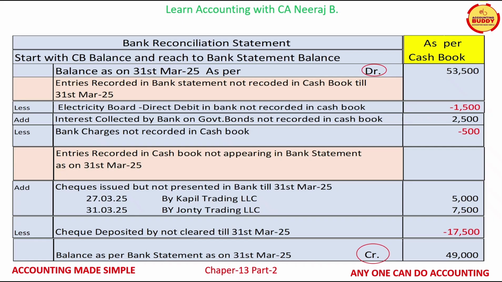By following this process, we have explained how to prepare the bank reconciliation statement when we start with the debit balance of $53,500 as per cash book and arrive at the credit balance of $49,000 as per bank passbook. In this manner, BRS as on 31st March 25 shows the transactions causing the difference between the two statements.